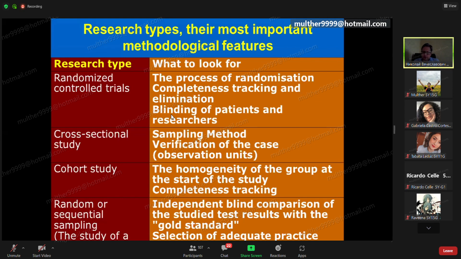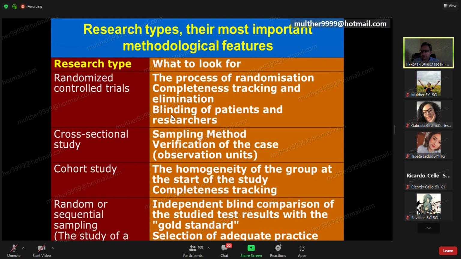Other types of research, cross-sectional studies, are less reliable, which we use for verification of the case. Cohort studies: usually this study includes not more than 200-300 people.